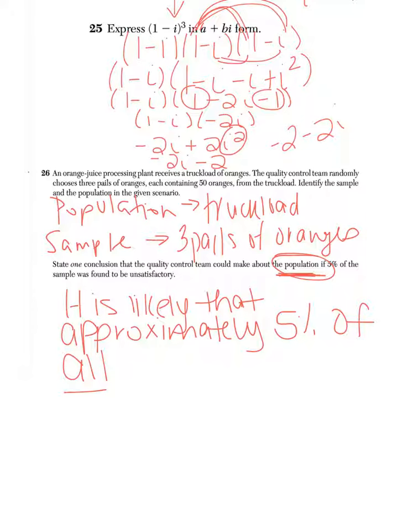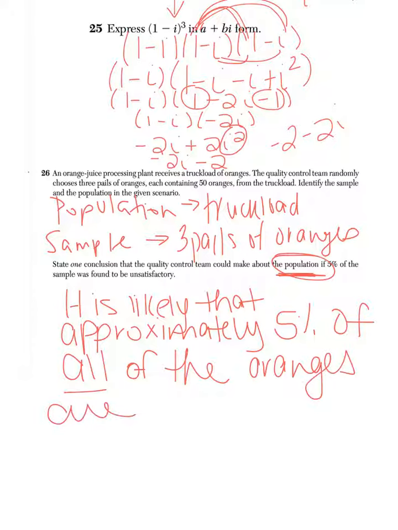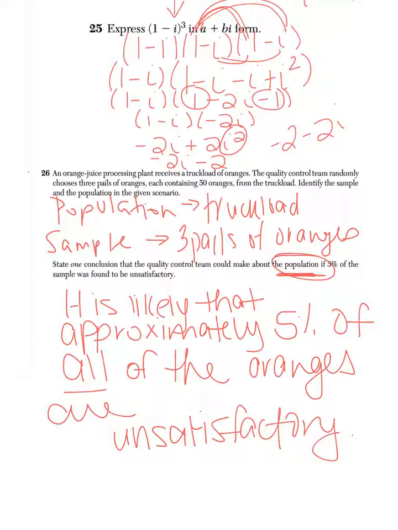So it is likely that 5% of all the population of the oranges are unsatisfactory. Okay?